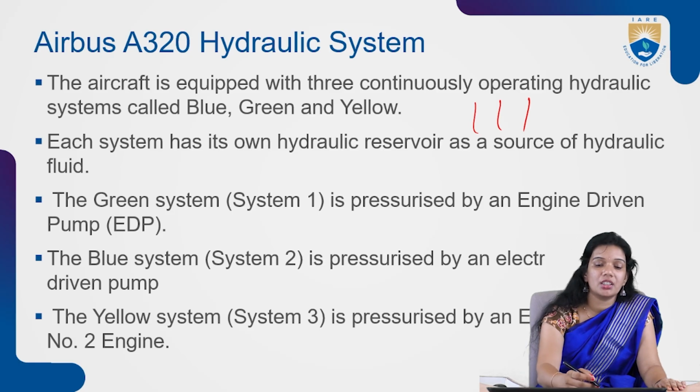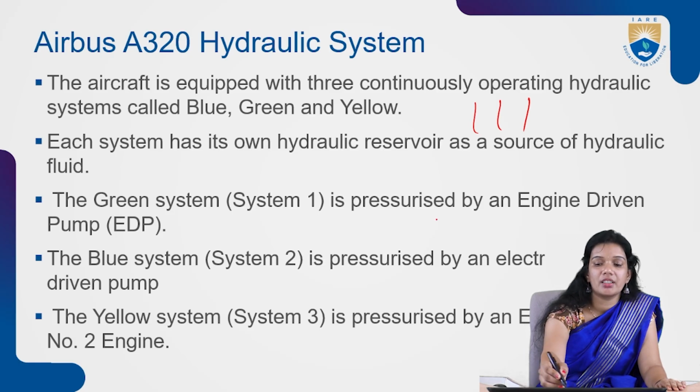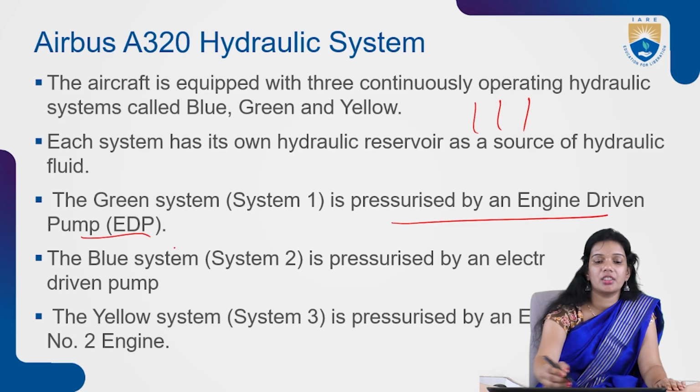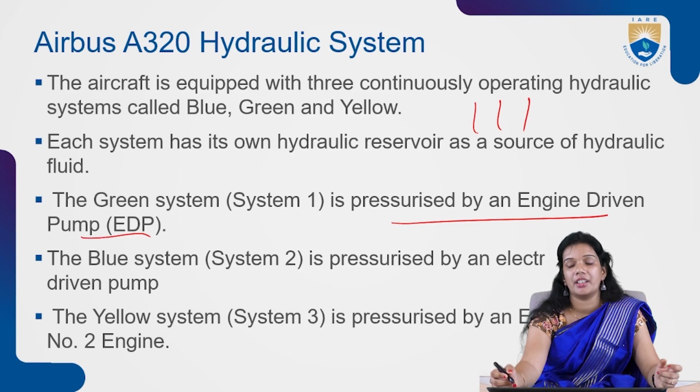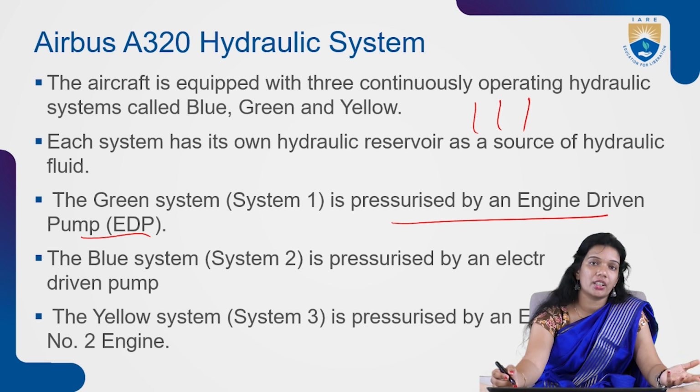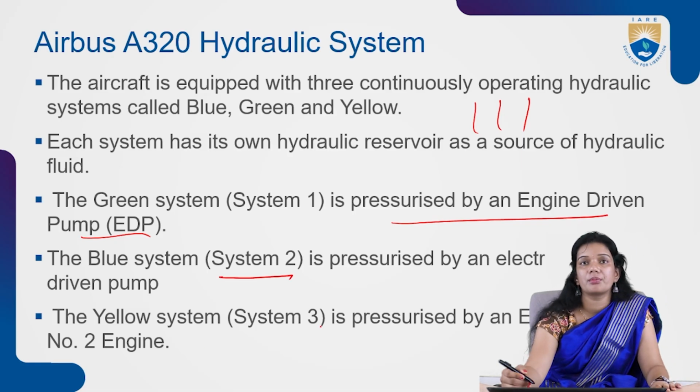So the first channel, system one, is the green system. This is pressurized by an engine driven pump, right? So the green system is pressurized by EDPs, engine driven pumps, which drive the hydraulic system that has its own hydraulic reservoir, right? Then we have the other system, system 2, the blue system.